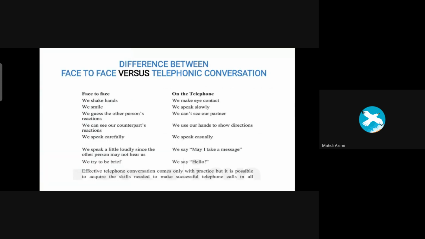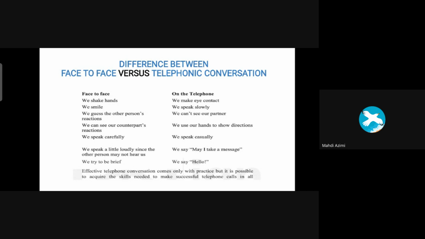In my next slide, I am going to discuss the difference between a face to face meeting and a telephonic conversation. Whenever we make a call, we should be aware of the importance of being very polite.